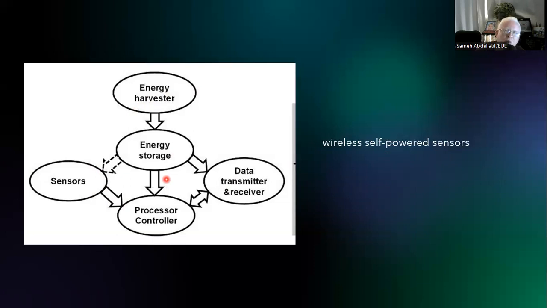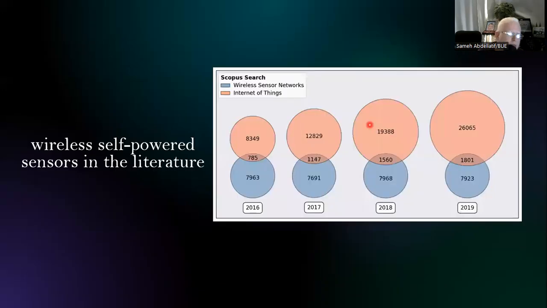If you remember my words at the beginning of this lecture, I told you that usually we are using these wireless self-powered sensors for operating some low-power devices. Usually here we are considering the most famous term now in our environment, which is the IoT applications.